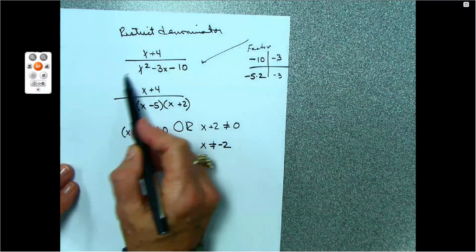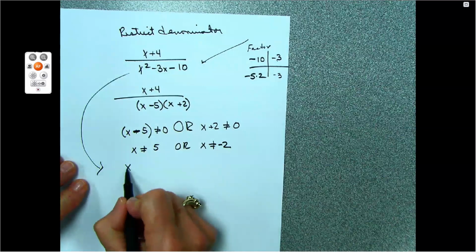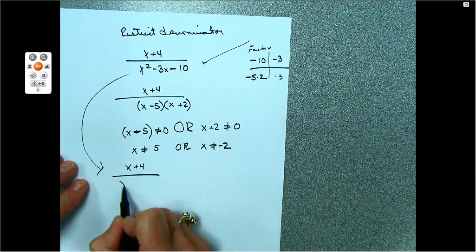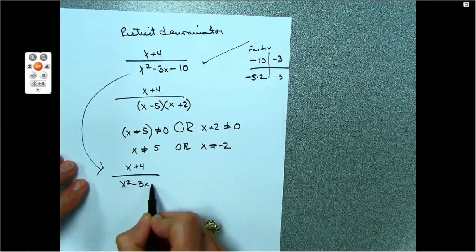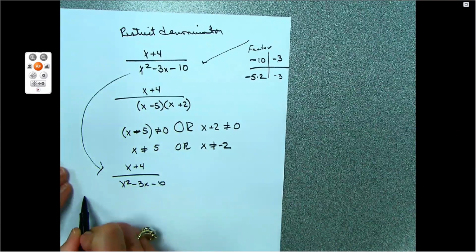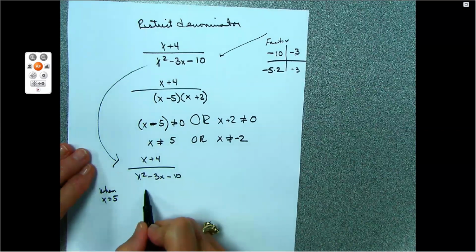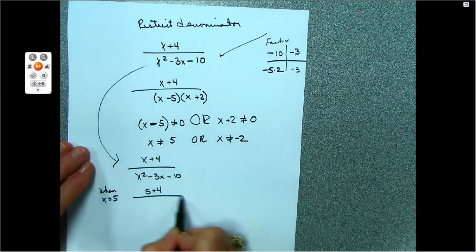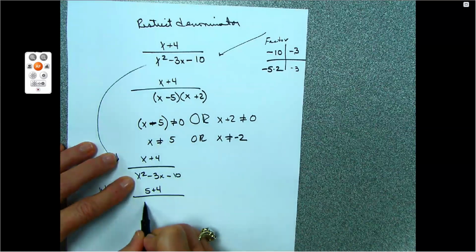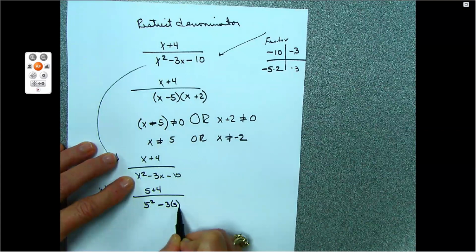Let's just test this. (x + 4) divided by (x squared minus 3x minus 10) when x equals 5. So I have 5 plus 4 in the numerator, and in the denominator I have 5 squared minus 3 times 5 minus 10.